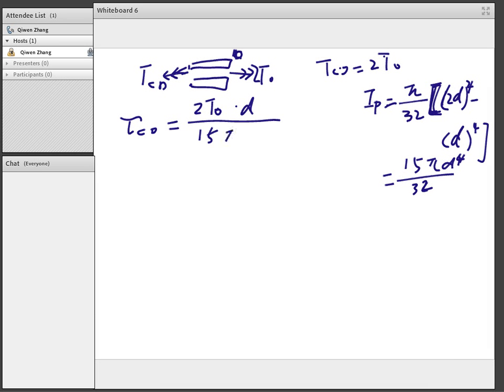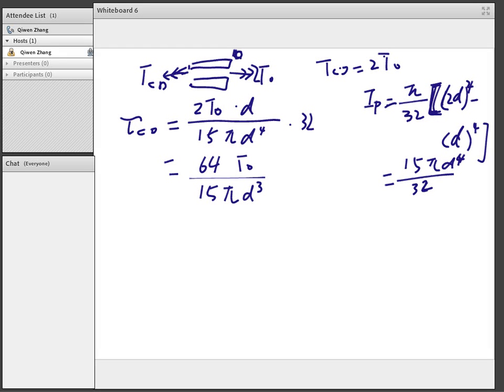So let's plug these in. Dividing by 15 pi d to the 4th over 32 is just multiplying by 32. When we simplify this down, we have 64 T0 over 15 pi d cubed.